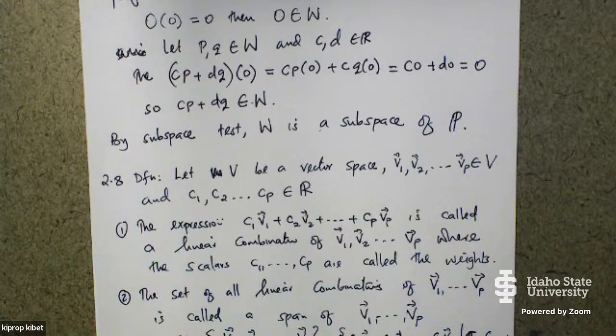Those are what we call the weights. Now, the linear combination can also be written as the span of V1, V2, so we bring together the vectors.